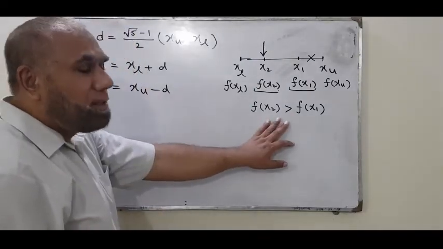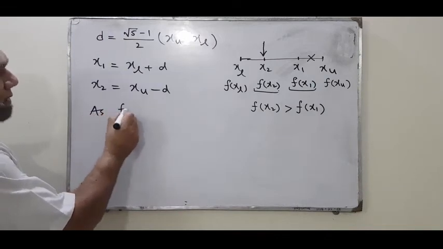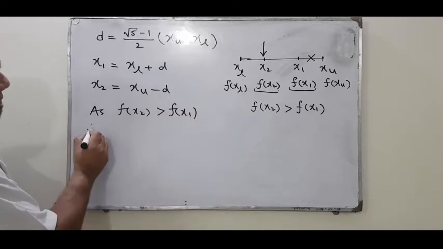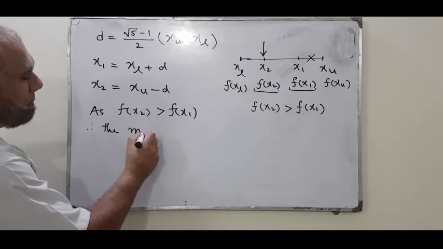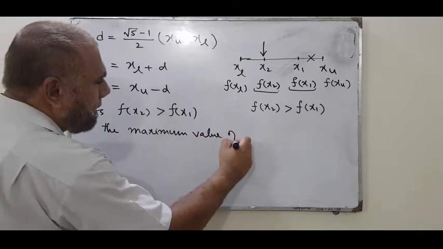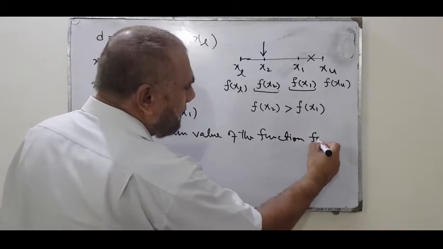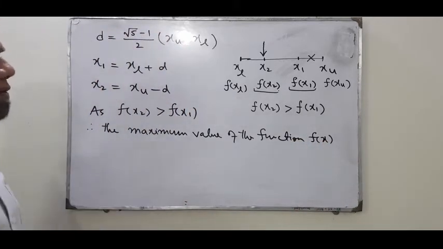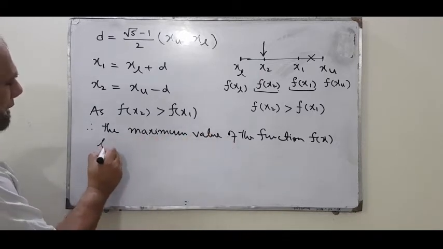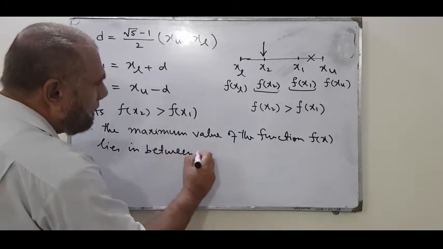So now, as this condition holds, we can write down, therefore, as the function's value at x2 is bigger than the function value at x1, therefore the maximum value of the function, and the function of course will be given to you whenever you are working on a question, here we call it f(x), lies in between the 3 points.